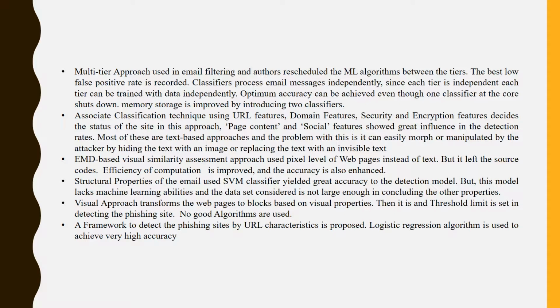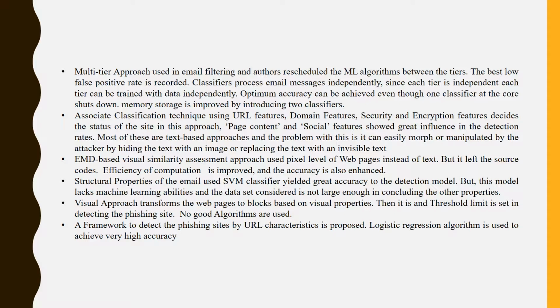And the other approach, again a visual approach, transforms the web pages to blocks based on the visual properties. They used blocks instead of the normal approach. Since using the block approach, they have achieved great accuracy.